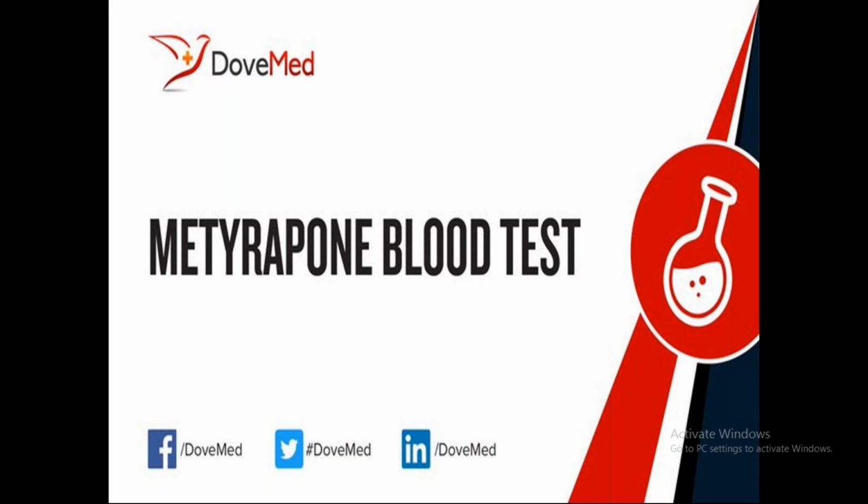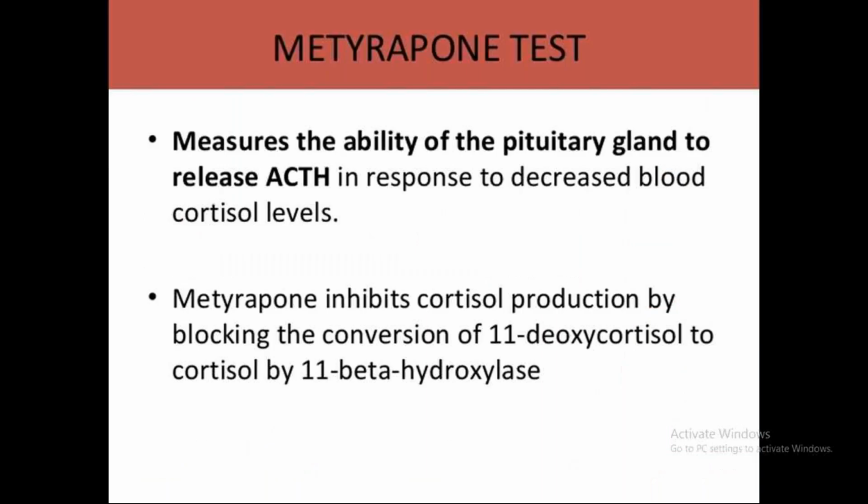Then coming to the next test, the metyrapone blood test. Here we measure the ability of the pituitary gland to release adrenocorticotropic hormone in response to a decrease in blood cortisol.